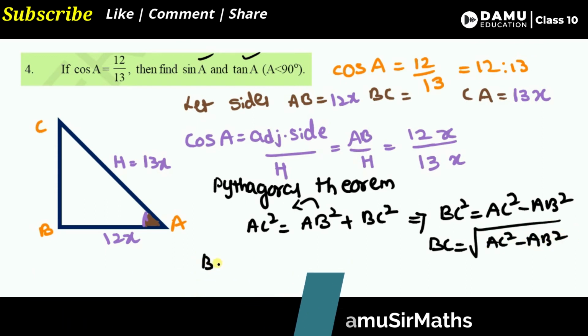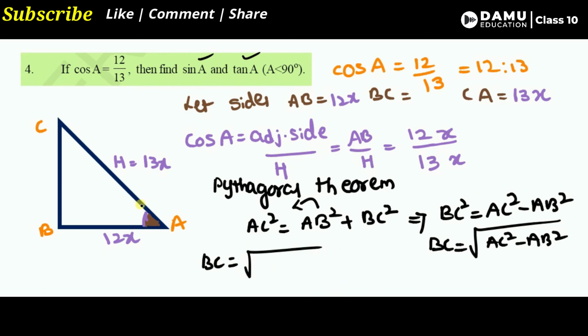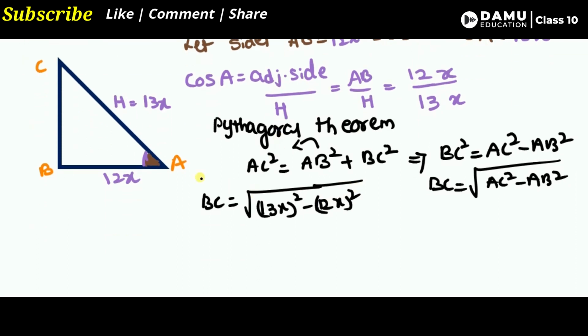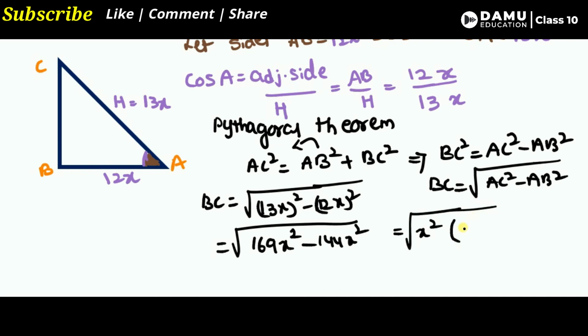So let's find out BC. AC is nothing but 13x whole square minus 12x whole square. 13 square is 169x square minus 12 square is 144x square. So let's take x square common here. That will be 169 minus 144, which gives 25x square.